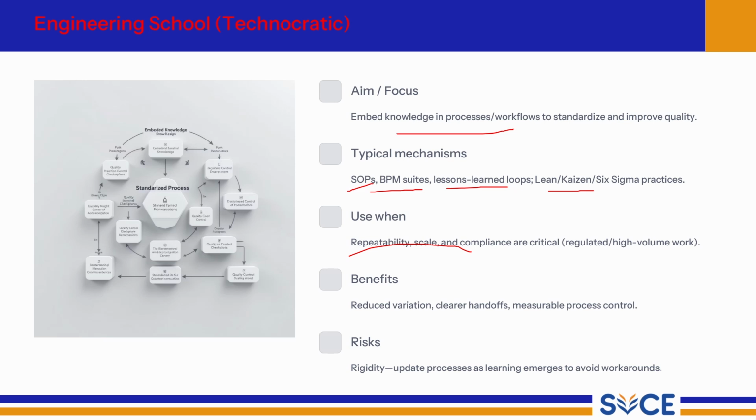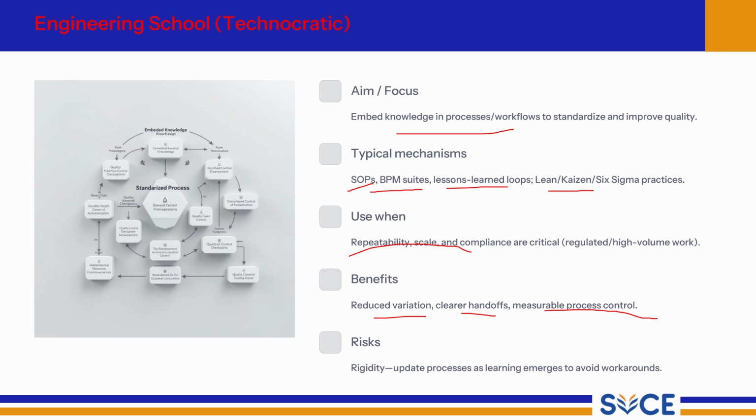Here the benefits are reduced variation, clearer handoffs and measurable process control. The main benefits are less variation, smoother handoffs between teams, and the ability to measure and control quality precisely. So, consistency you can measure.